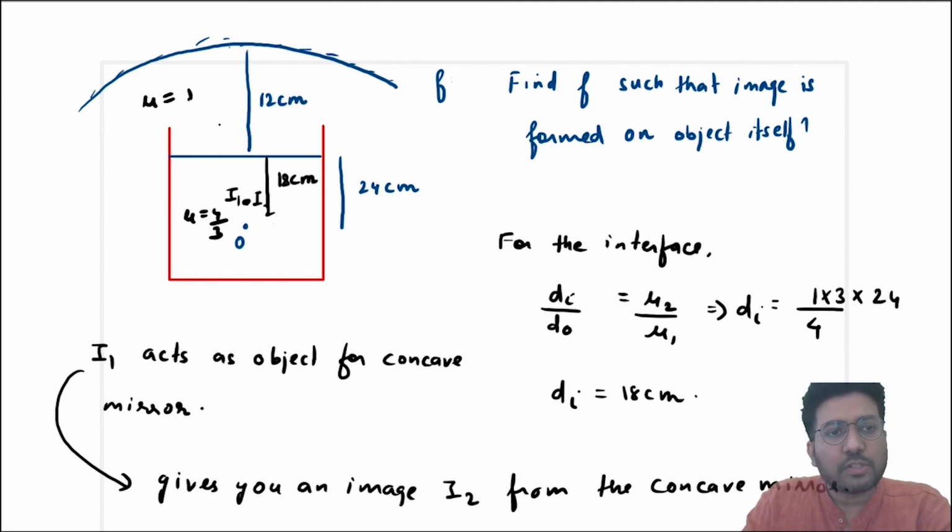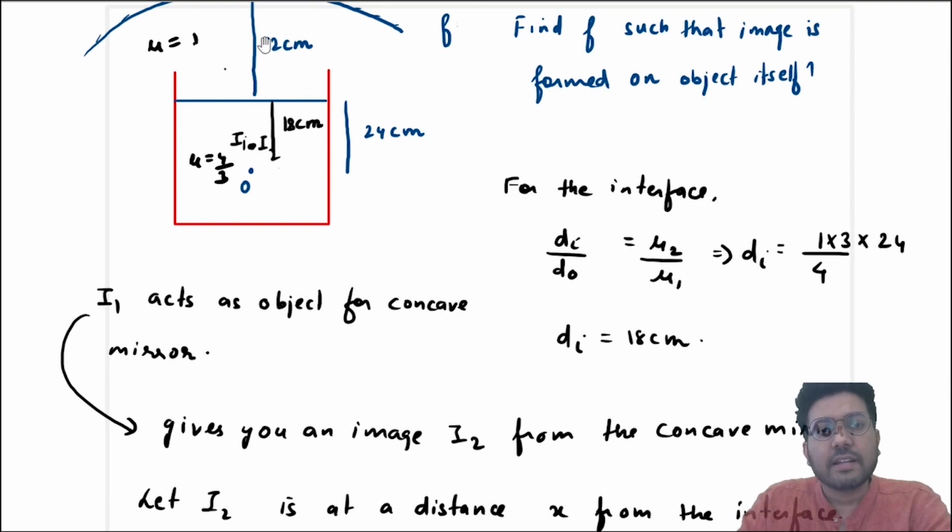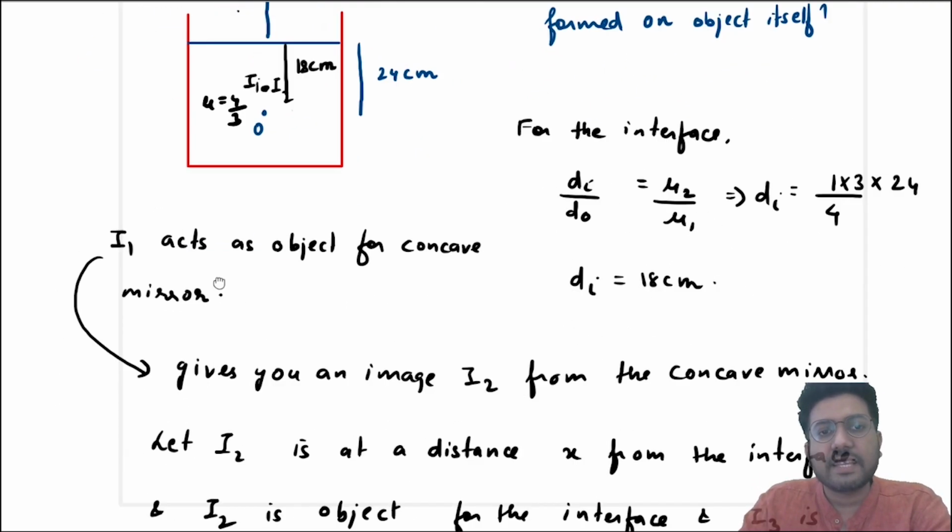And this is possible only if the object is at 2f. So this total distance has to be equal to 2f, because I1 was at 18 and I2 is also at 18 centimeter from the interface. This is possible only if, because I1 was object for the concave mirror, right? I1 and its image are at the same position, that means this distance is definitely 2f. So therefore 2f is equal to 12 plus 18, that is 30.